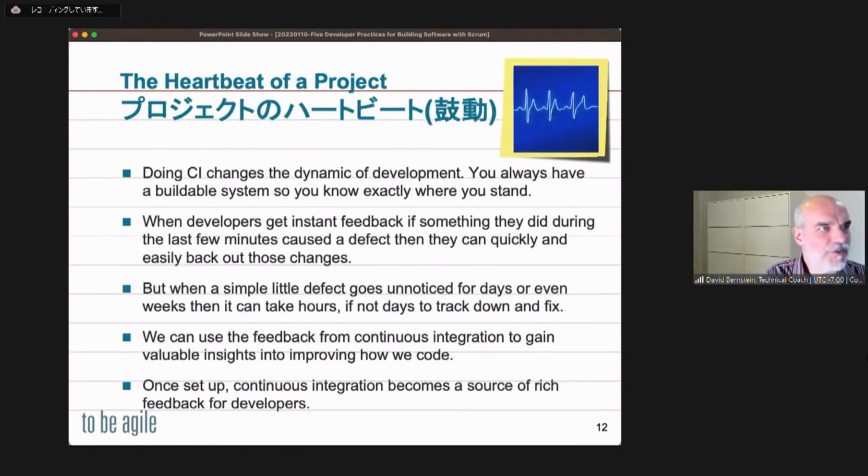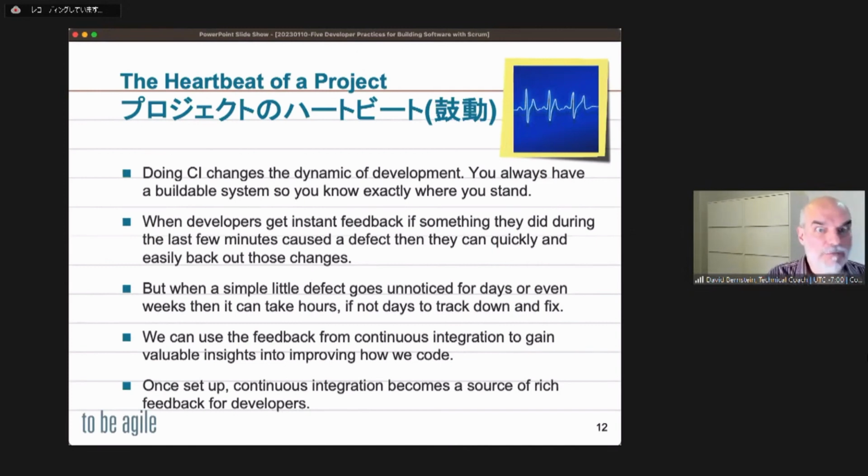I think of continuous integration as really the heartbeat of a development project. And it gives us instant feedback so we can take action immediately, which is really, really powerful. And it is really, I think, the richest source of feedback for software developers. We talk in Agile and Scrum a lot about feedback, right?